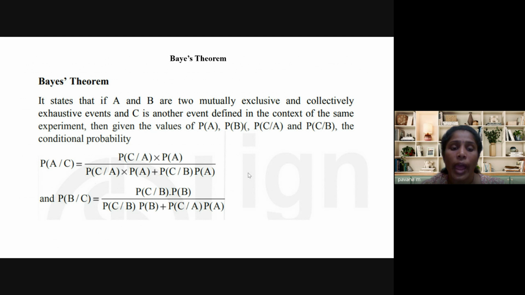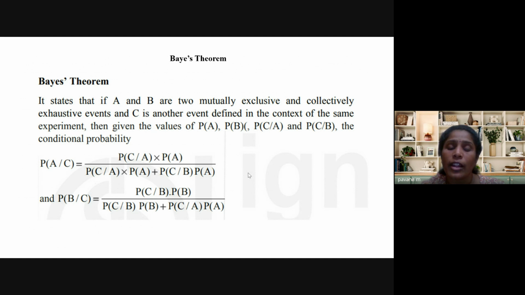Okay, and C is another event defined in the context of the same experiment. That means here C is another event which will affect this particular A and B, derived from the same experiment.